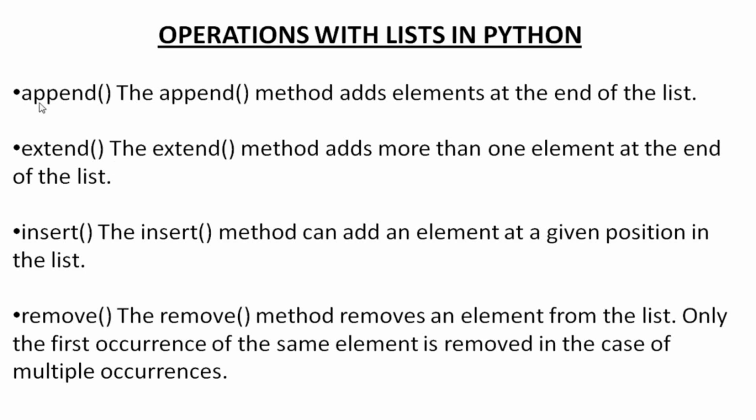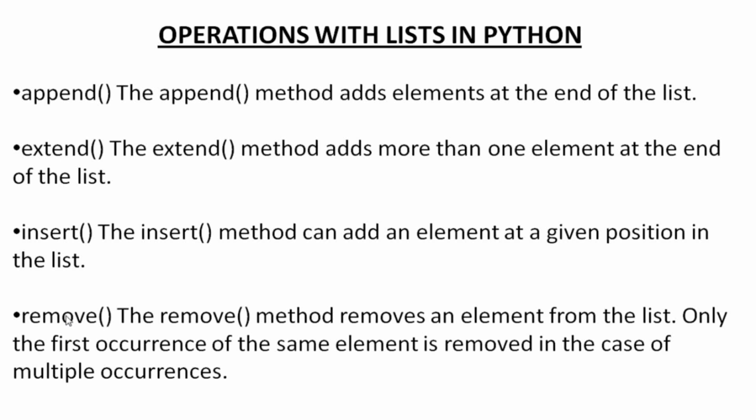We can append, okay, that means you can add a data at the end of the list. You can do extend operation. In that case, it will add more than one element at the end of the list. If you want to insert some element inside your list, you can do that also.